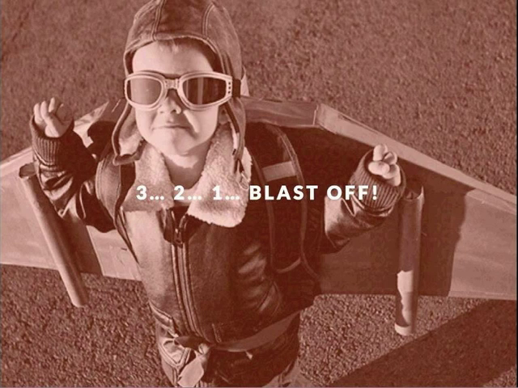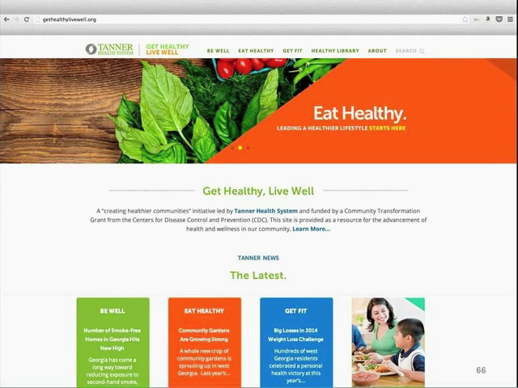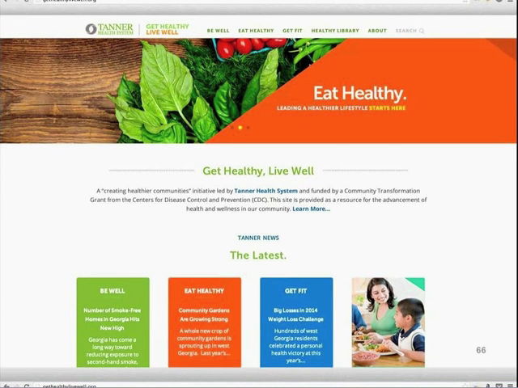This became a key call to action that all of the mass advertising was directing people to learn about the three areas of Be Well, Eat Healthy, Get Fit, all the upcoming events, and it was a great way to put all of the information in one easy, friendly user experience.